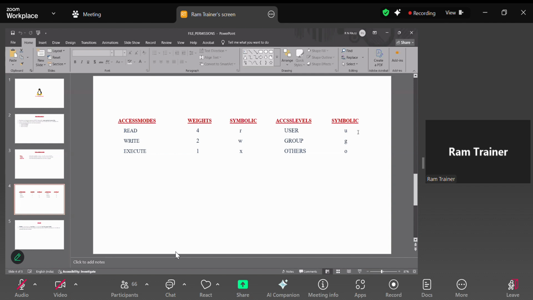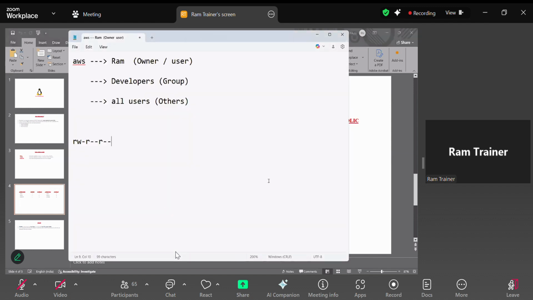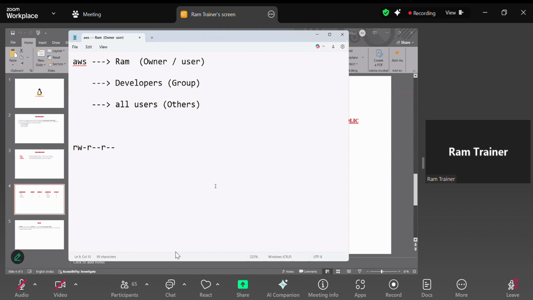And what about user level permission? User means U, short form. Group short form is G, other short form is O. Okay, now I will go to the 9 bits. Here see, totally 9 bits are there, and please divide every 3 bits into one part, like this.